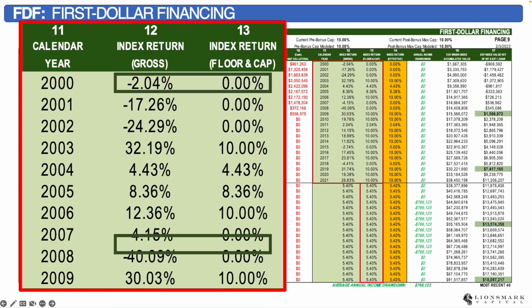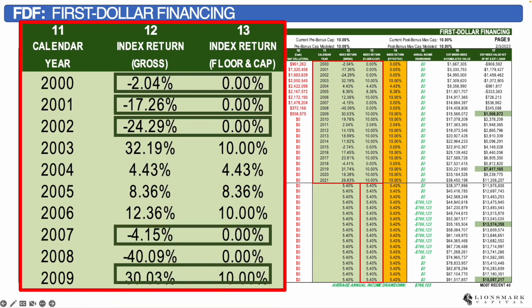We got 1, 2, 3, 4, 5 negative S&P returns in the first 10 years of the sequence, in which case the policy would have credited 0, 5 out of the first 10 years, and even more specifically, 3 0% return years in the first 3 years back to back to back of the sequence.